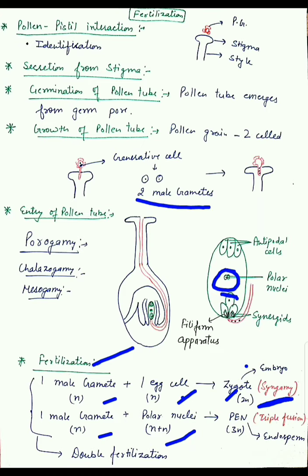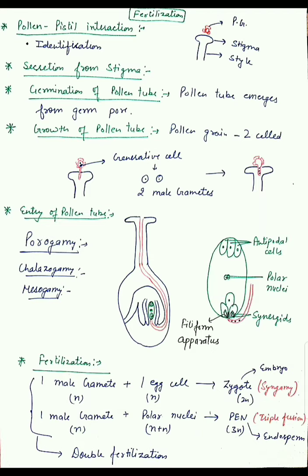When they fuse, they lead to the formation of PEN, that is, the primary endosperm nucleus. The primary endosperm nucleus leads to the formation of endosperm. As there is the fusion of three nuclei, the primary endosperm nucleus is triploid in nature, and this process is known as triple fusion.